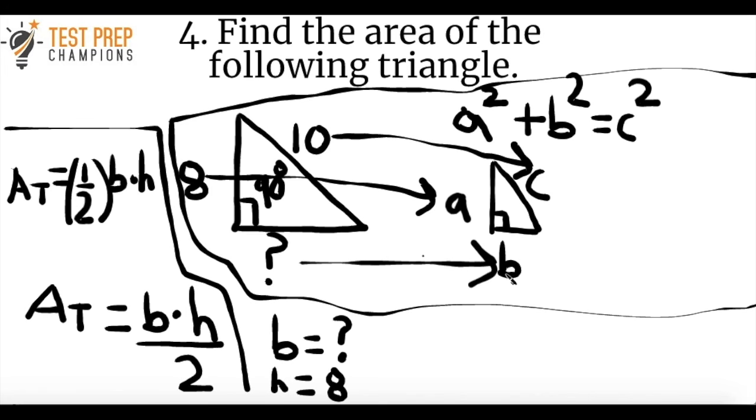Then once we find B, we're going to go back down into our area of the triangle formula, substitute into the equation, and we'll finally get the area of the triangle. This may seem complex, but if you follow along, it's really not that bad.